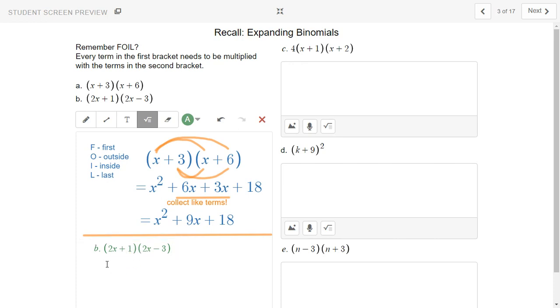We're taking our first term, multiplying the second, 4x squared. Then the outside term multiplying the second one, 6x. Inside term is going to multiply everything in the second bracket now. Collect the like terms, and we have 4x squared minus 4x minus 3.